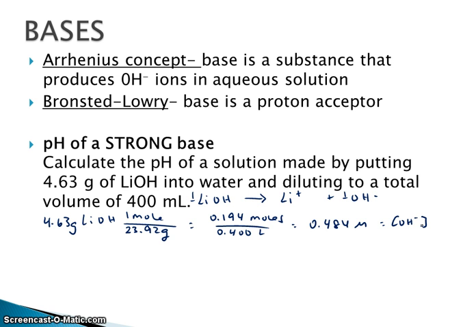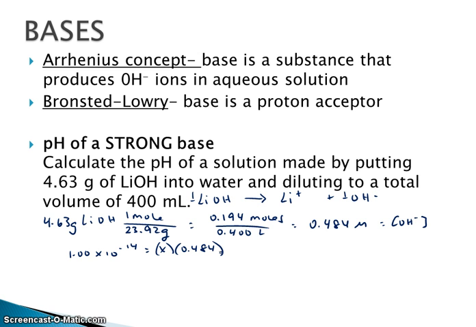So now we can figure out our hydrogen ion concentration. We've got 1.00 times 10 to the minus 14 equals our hydrogen ion concentration, which we don't know, times our hydroxide ion concentration, which is 0.484.